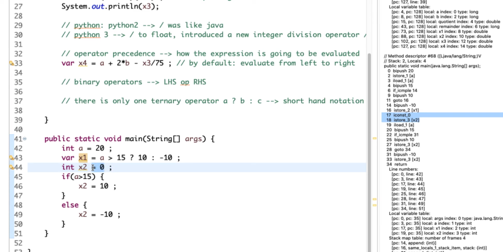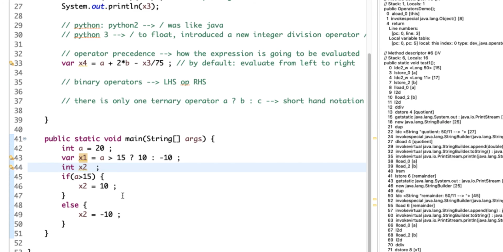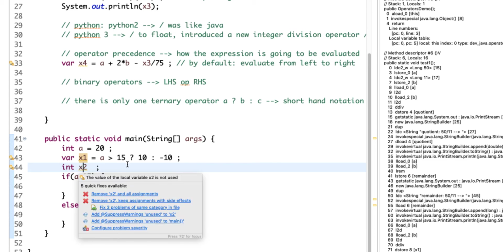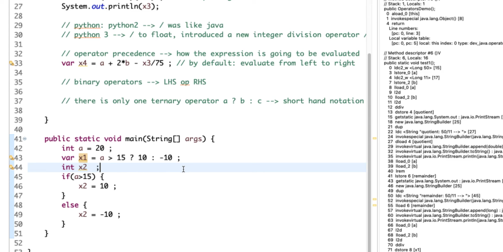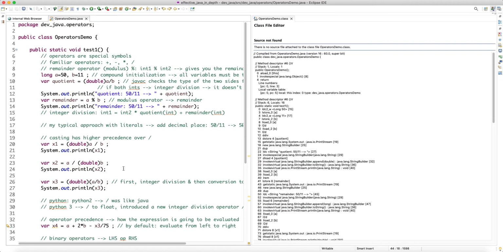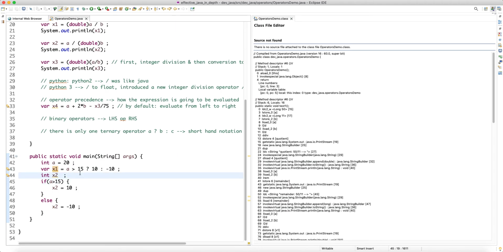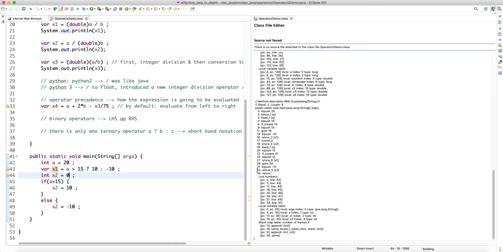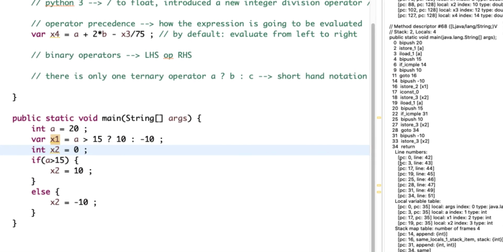Note that if I don't initialize this, it is still going to work, because I don't think the compiler would complain. But it's always recommended to initialize your local variables with the default values or whatever you want, right?